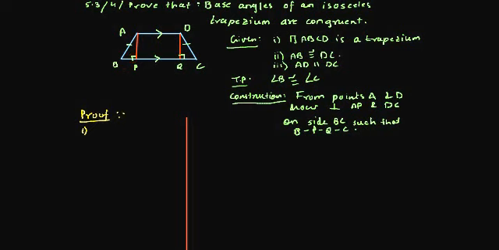Okay, so let us start. In triangle APB and triangle DQC, first is side AB is congruent to side DC. Reason is given. Second, AP is congruent to DQ.